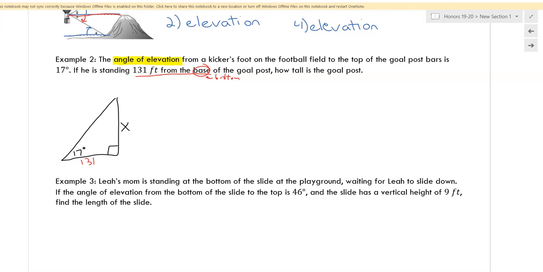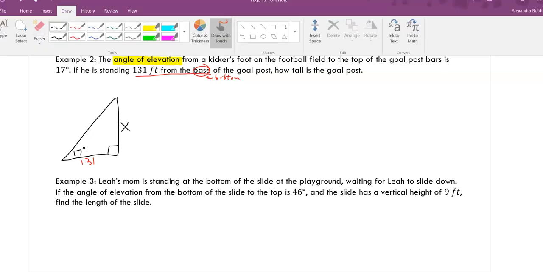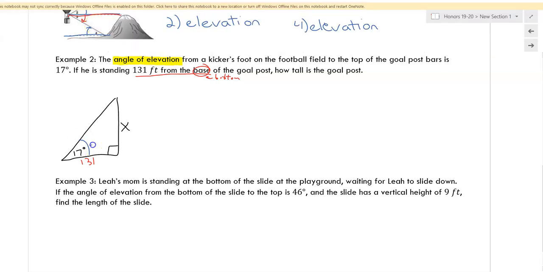Now I'm just solving this like I would any other problem. Here's my angle, my opposite side, my adjacent side, and the hypotenuse. If we look here, the hypotenuse is unimportant. I'm going to be using my opposite side and my adjacent side, so I'll be using tangent.